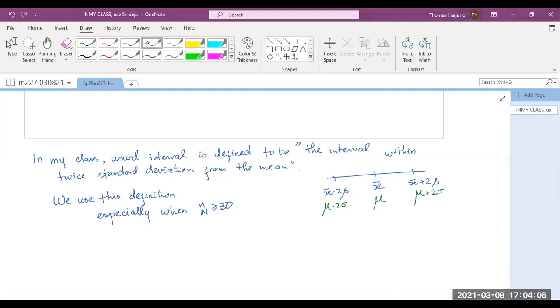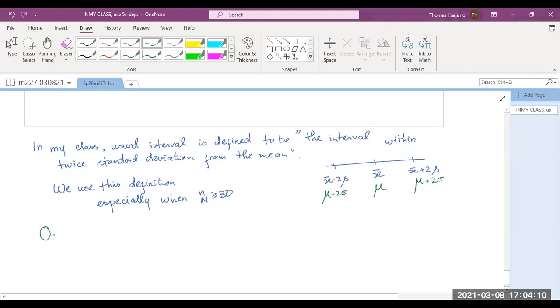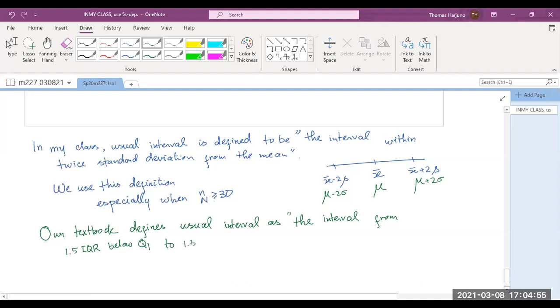Okay, now what is the difference between what I do and the textbook? Our textbook defines usual interval as the interval from 1.5 interquartile range below Q1 to 1.5 interquartile range above Q3.